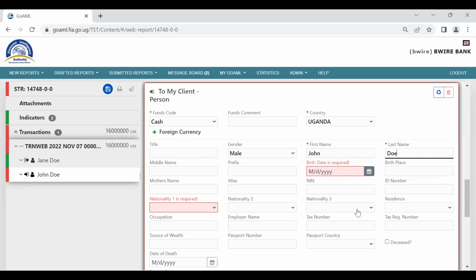So because he has provided ID information, we have his date of birth. Probably he's using his national ID, so we have his national ID details.